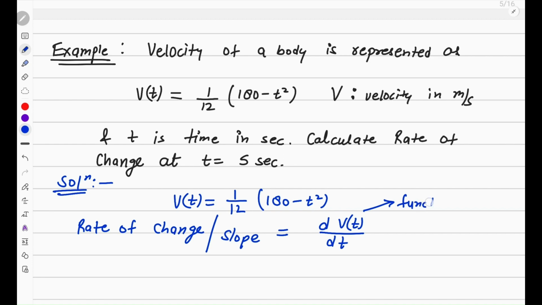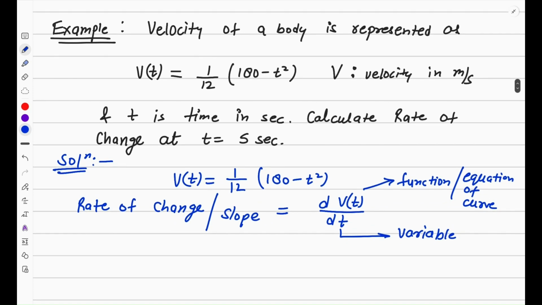This is the function or equation of the curve, and this is the variable of that function. The function can be y, f(x), or the variable can be t, a, b, c, or whatever variable we want to use.